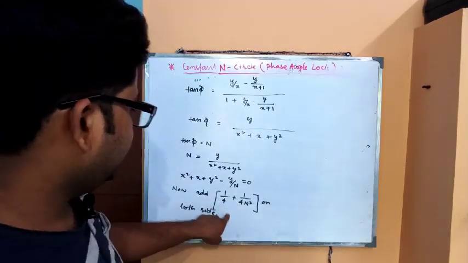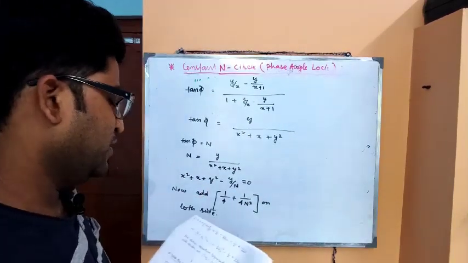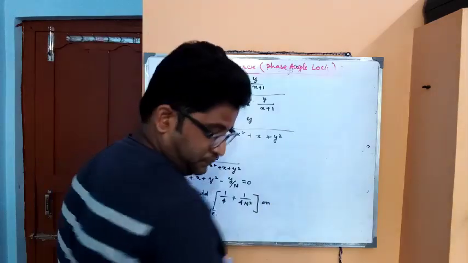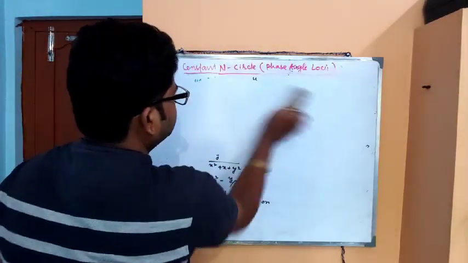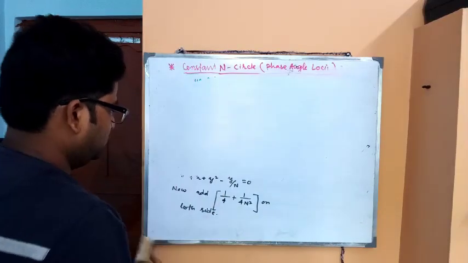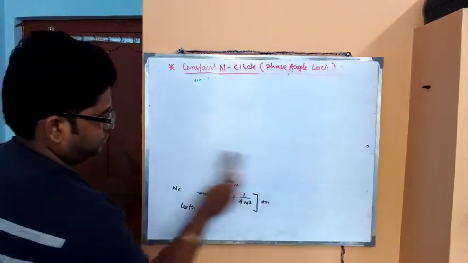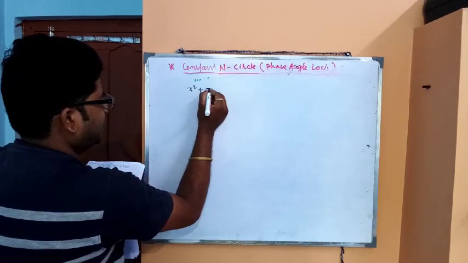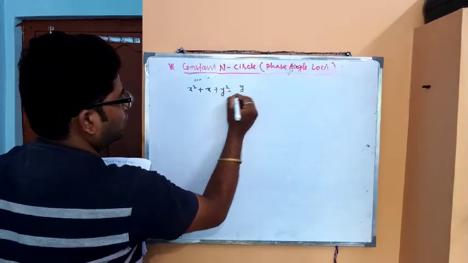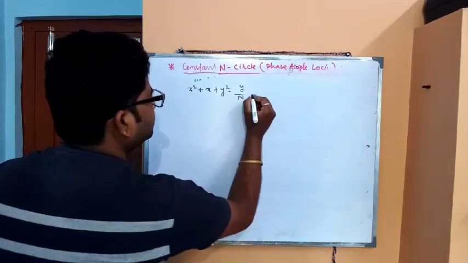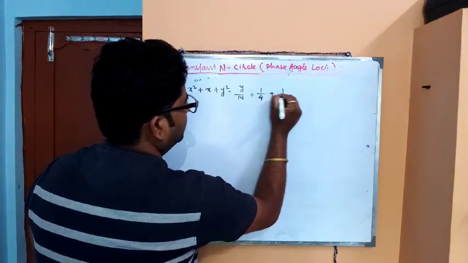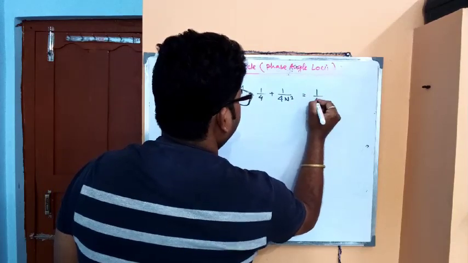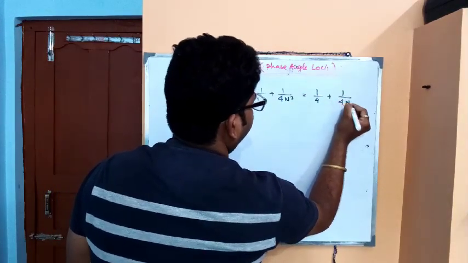So if we add this term on both sides, the equation can be written as x square plus x plus y square minus y upon N plus 1 by 4 plus 1 by 4N square is equal to 1 by 4 plus 1 by 4N square.